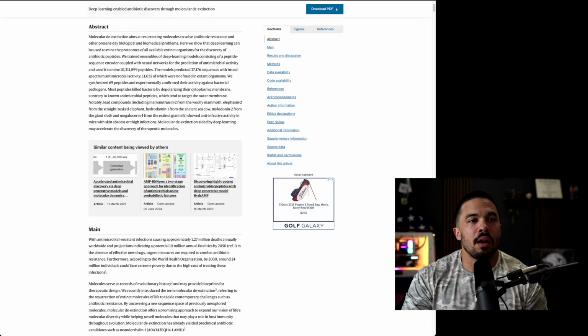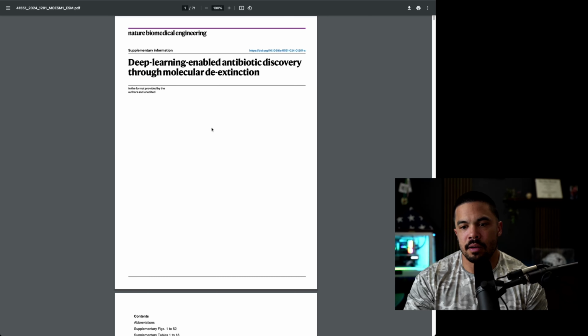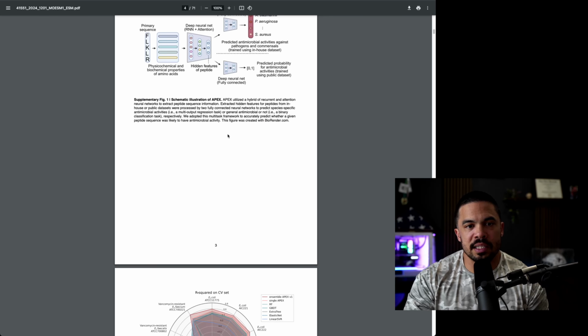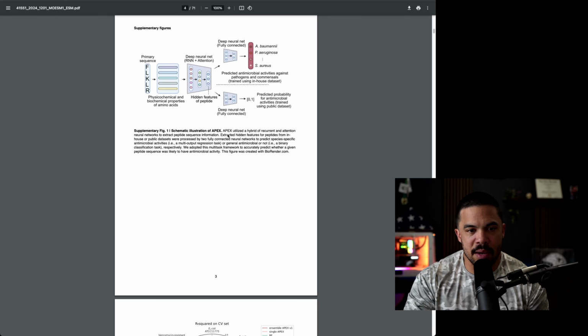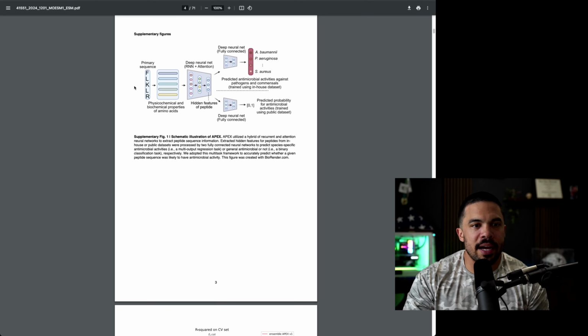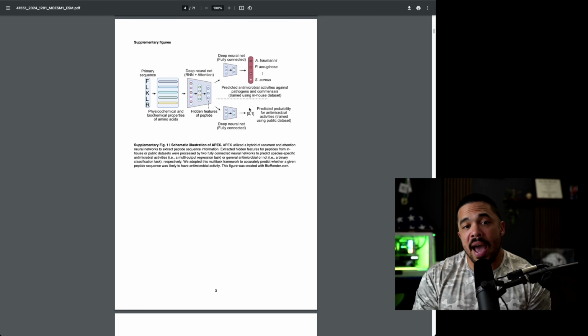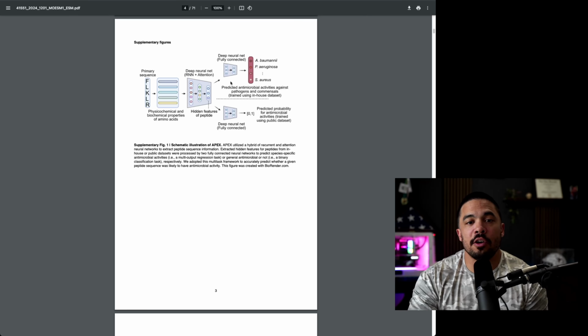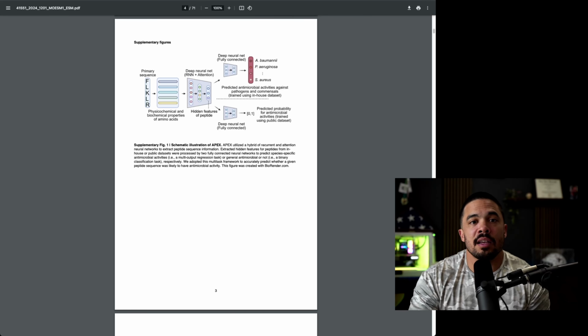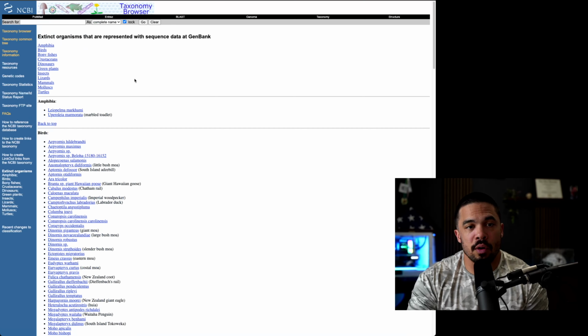So all of this goes into this model that they created called Apex. And here, I don't want to go into the details because, full transparency, I really haven't gone into the math and how all of this works in this neural net. I know that there's a bunch of data sets, much like this one from the NCBI.